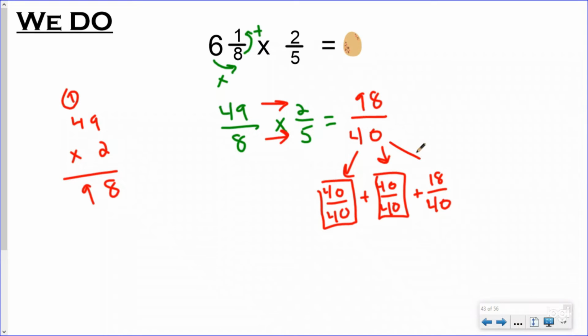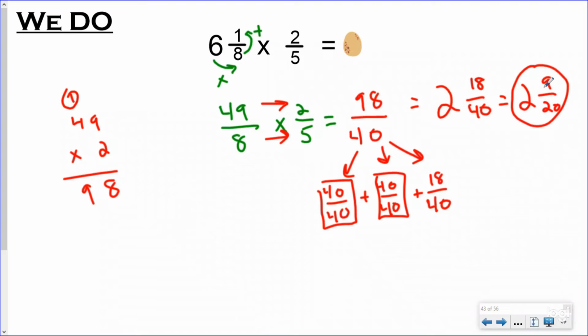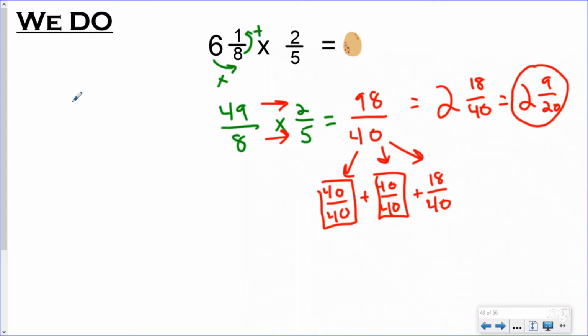And so when I decompose this, I see that my answer was 2 wholes and 18/40, which you can simplify to 2 9/20. Again, you could also use the shortcut of just doing 98 divided by 40. So let's do that over here to prove that both of these ways work.